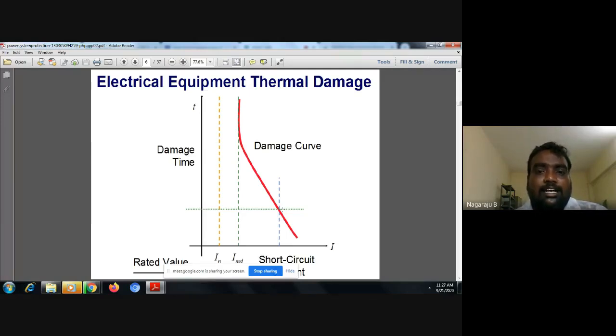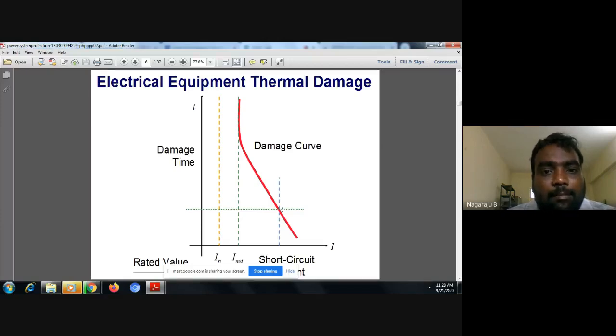When short circuit current is high, in the starting, damage time is low. If the short circuit current is low, then when you take any protecting equipment, the nameplate details state the short circuit current rating.